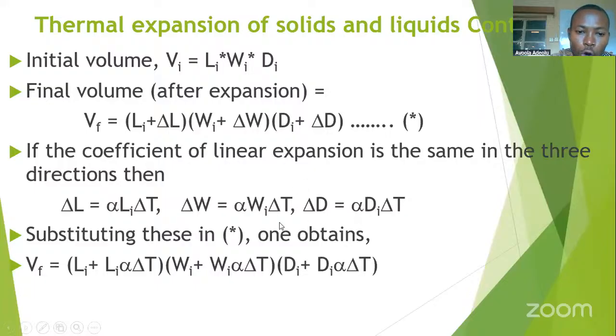We now substitute all this in this equation star. Wherever you see delta L, put this in there. Wherever you see delta W, put this one there. Wherever you see delta D, put this one there. So if you do that, we have what we have here.